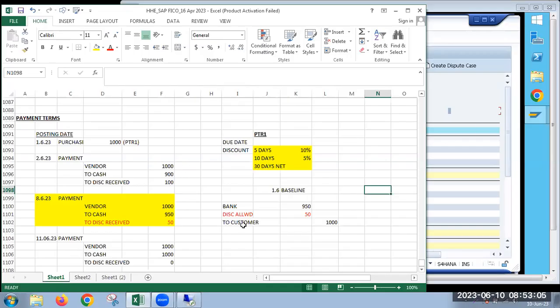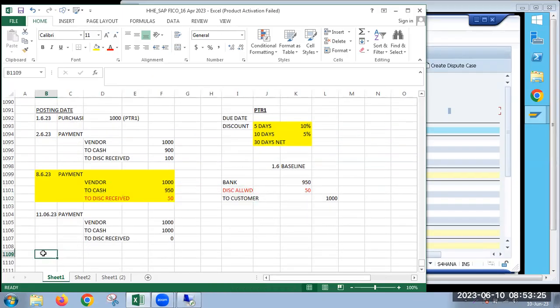So our configuration here is we have to create a payment term with the specifications, and we have to create the GL accounts and assign them for automatic posting. This is the general view that we are going to do.